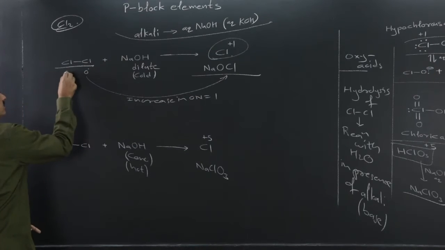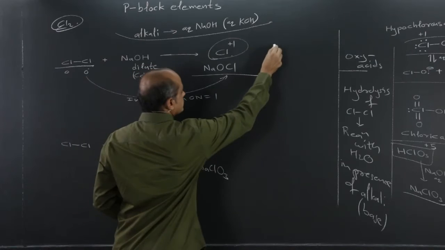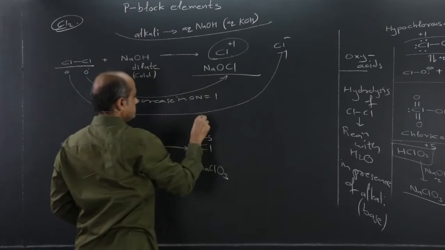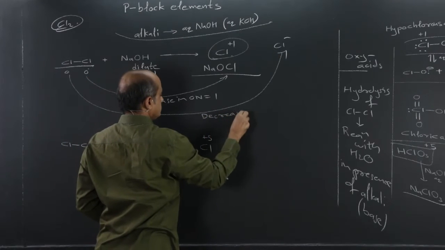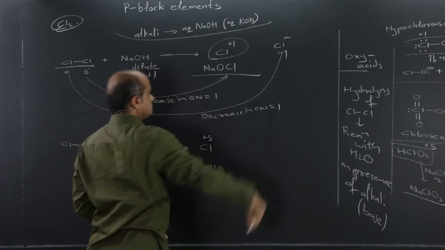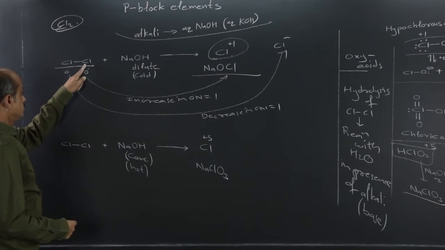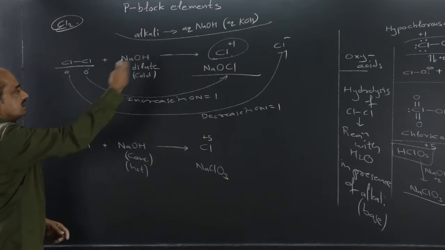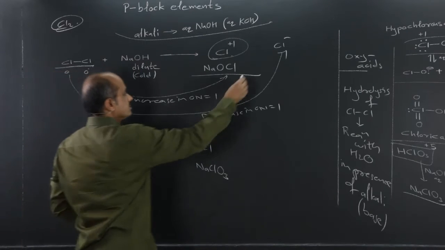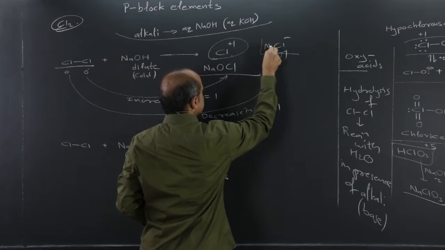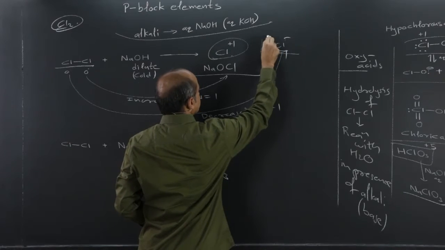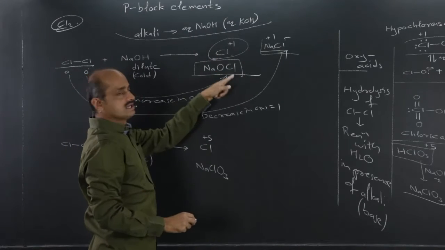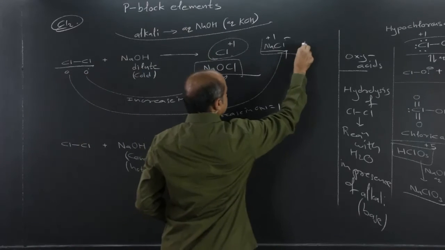At the same time, 0 chlorine changes to -1, a decrease in oxidation number by 1, because the moment one chlorine gets oxidized with sodium, the other chlorine gets converted into NaCl, where chlorine carries -1 charge and sodium carries +1 charge. In this compound, chlorine has +1 charge, and the remaining will be water.